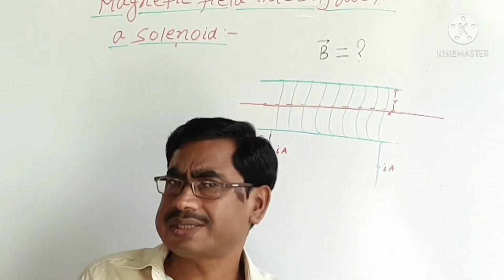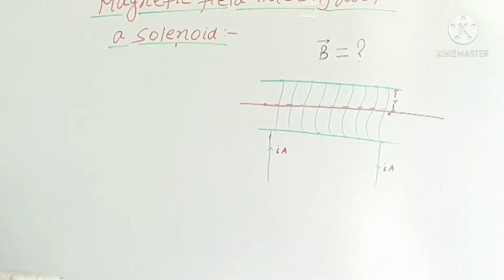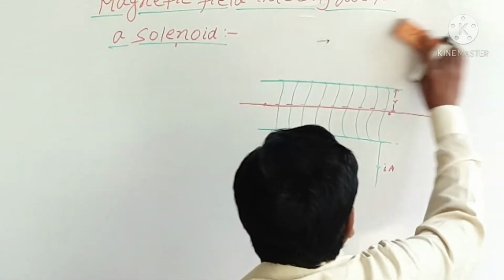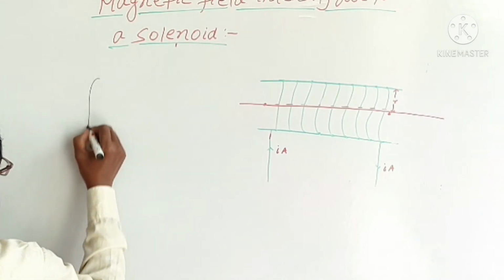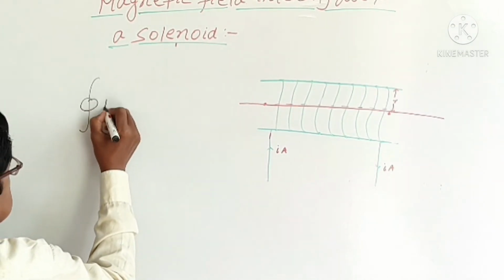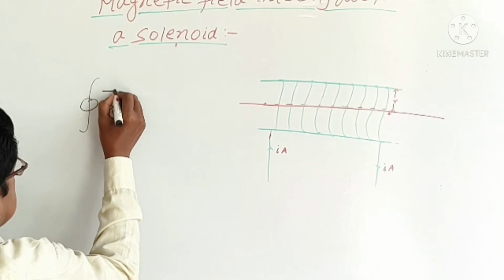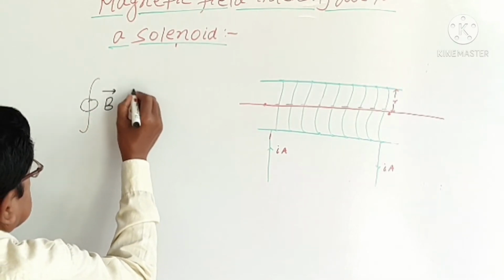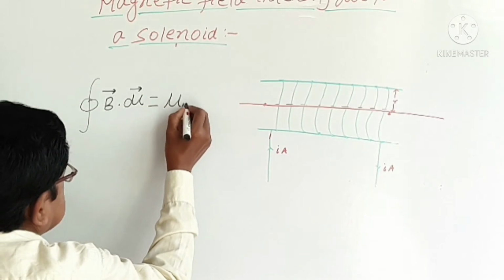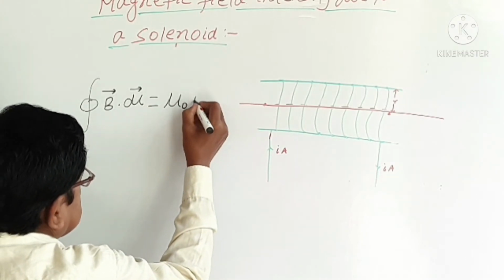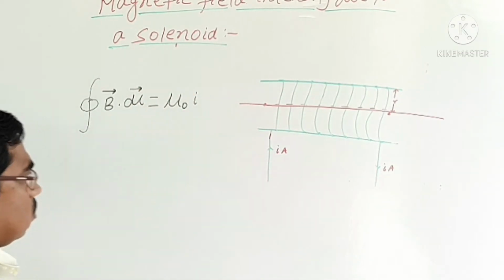Ampere's circuital law states that the closed line integral of magnetic field intensity is equal to the absolute permeability times the net electric current enclosed.